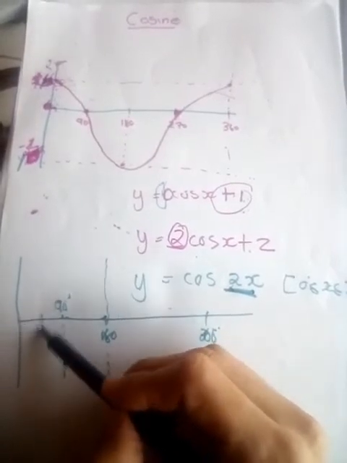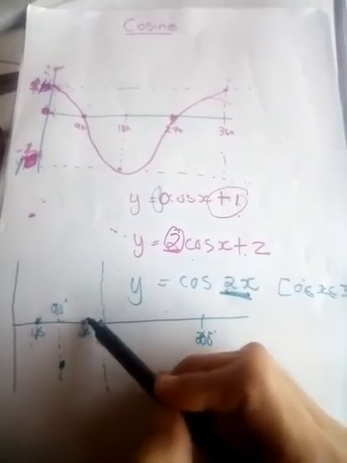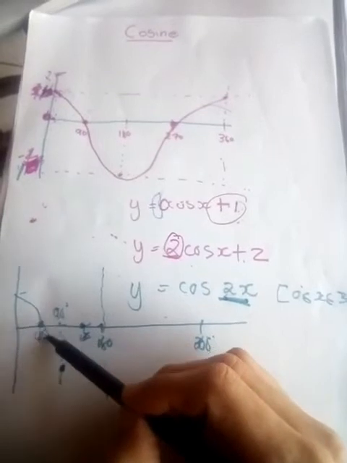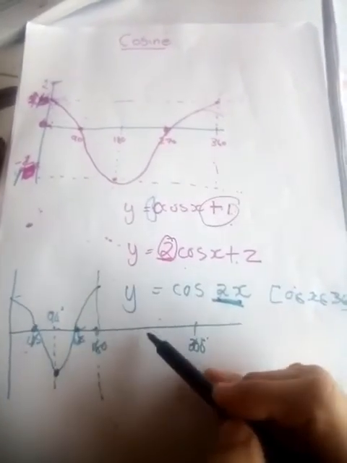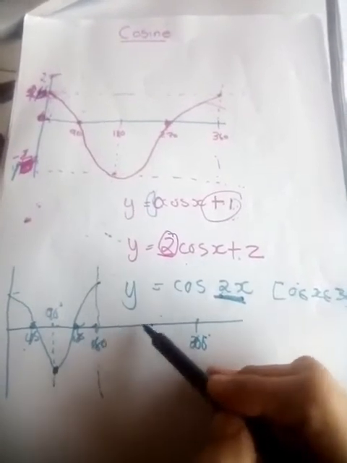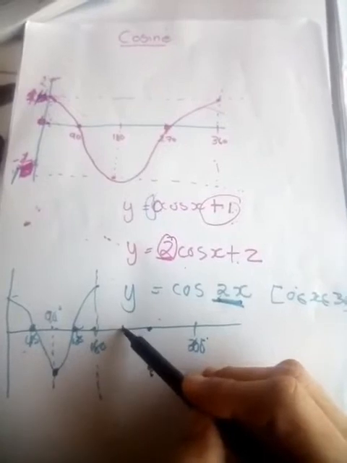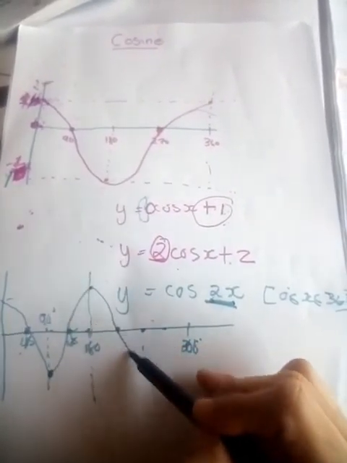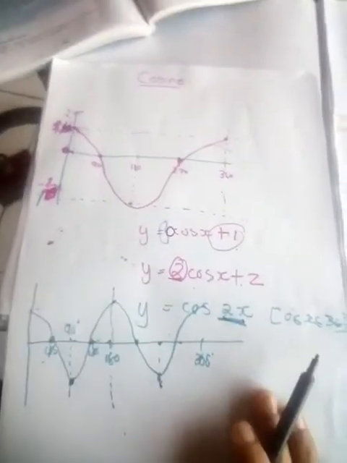This would be 45. This would be 135. Here's the point. Now I have to go from there to there, up and there. Then the same thing on this side, go right through there and up, and there it is.